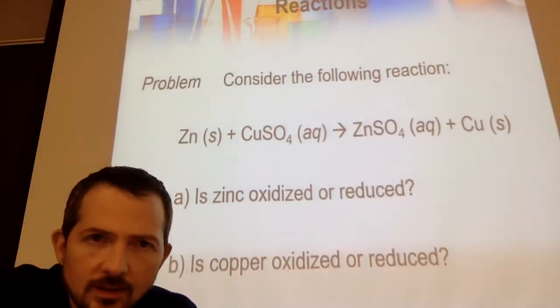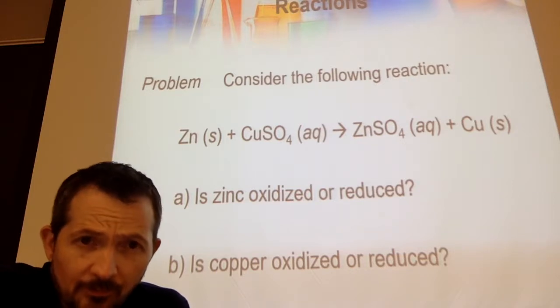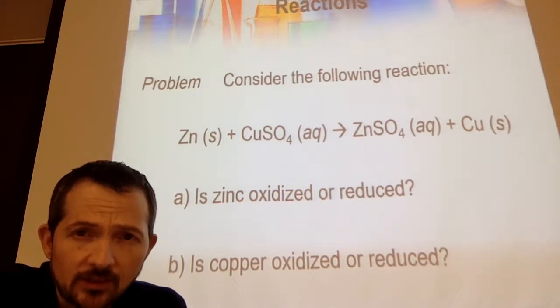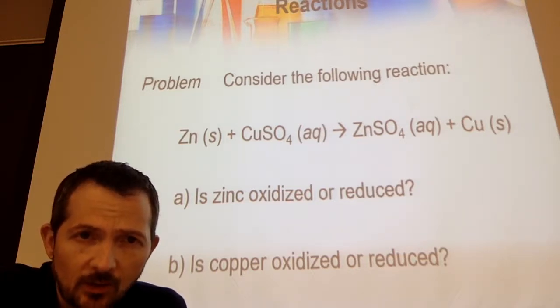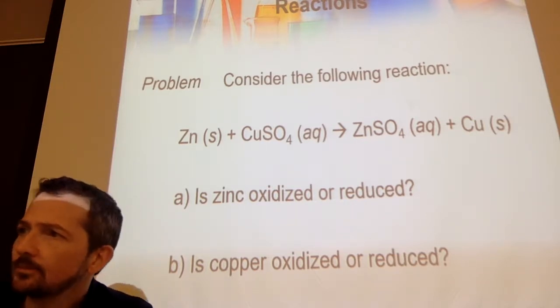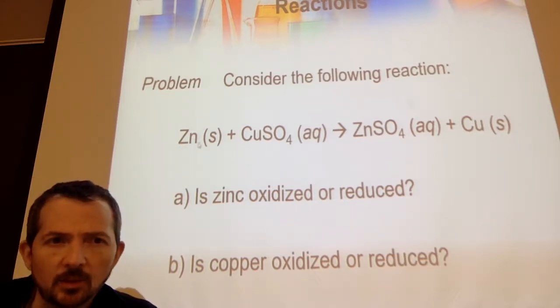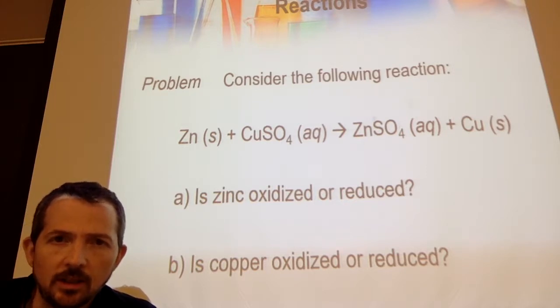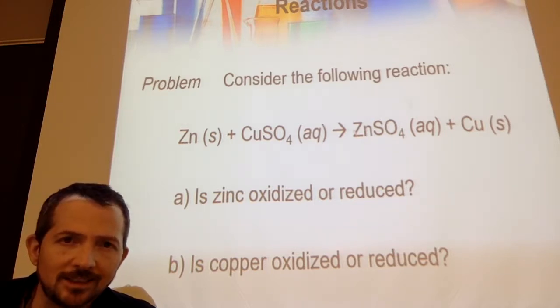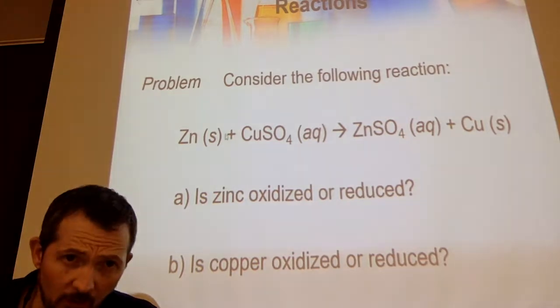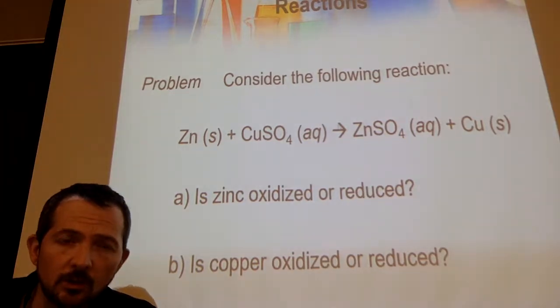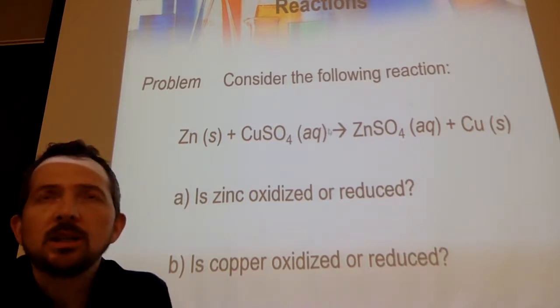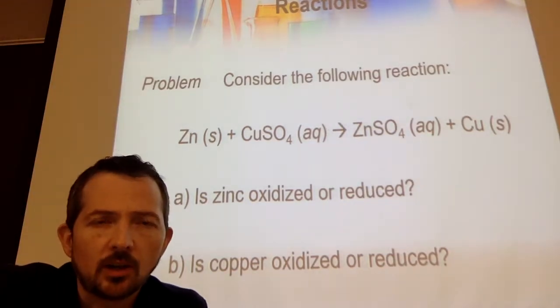So let's look at this reaction. Consider the following reaction: zinc plus copper sulfate yields zinc sulfate plus copper. Is zinc oxidized or reduced? Zinc is in its elemental state, oxidation number 0, charge 0. Here, sulfate is 2-, so zinc must be 2+. So zinc went from 0 to 2+, which means it lost electrons.